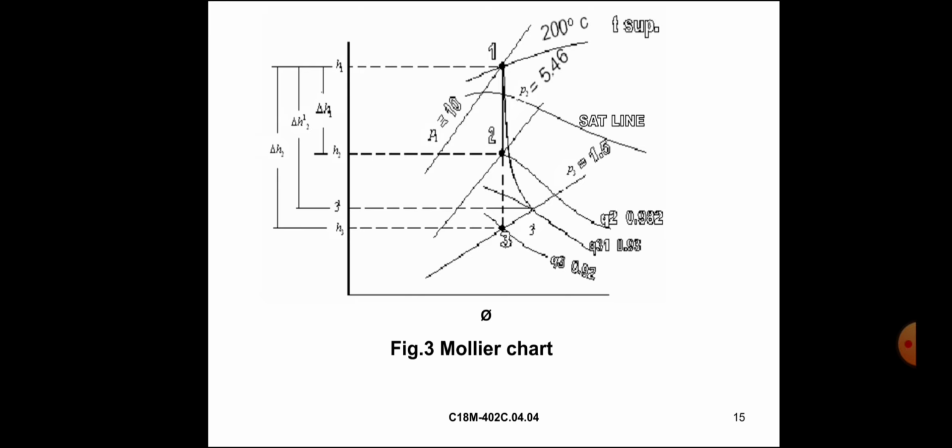P1 is equal to 10 bar. Q3 is equal to 0.92, Q3 prime is equal to 0.93, Q2 is equal to 0.98. P3 is equal to 1.5 bar, with the saturation line and superheated temperature 200 degree centigrade. P2 is equal to 5.46 bar. Points 1, 2, 3 are marked on this Mollier chart.